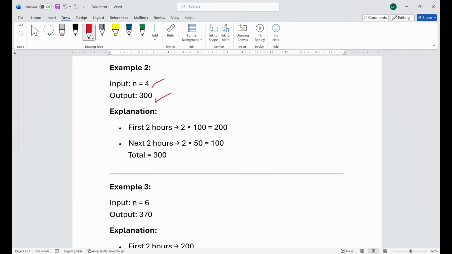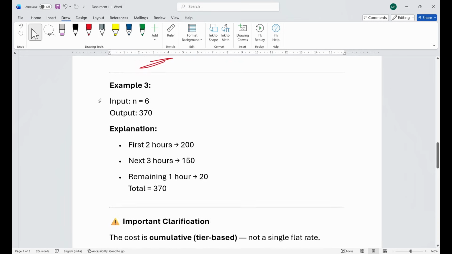Here, for the first 2 hours the price is 200, and of the total 4 hours, the remaining are 2 hours. For those 2 hours we charge 50 rupees per hour, which costs 100 rupees. So the total cost is the first 2 hours plus the next 2 hours, that is 300.